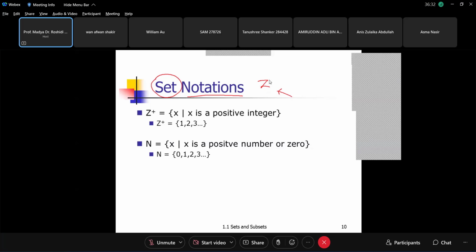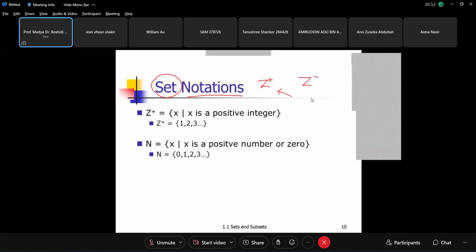Once we put a plus here, it means positive integer. If we put Z with a negative, it means negative integer. So we can represent through symbol only, without detailed description.